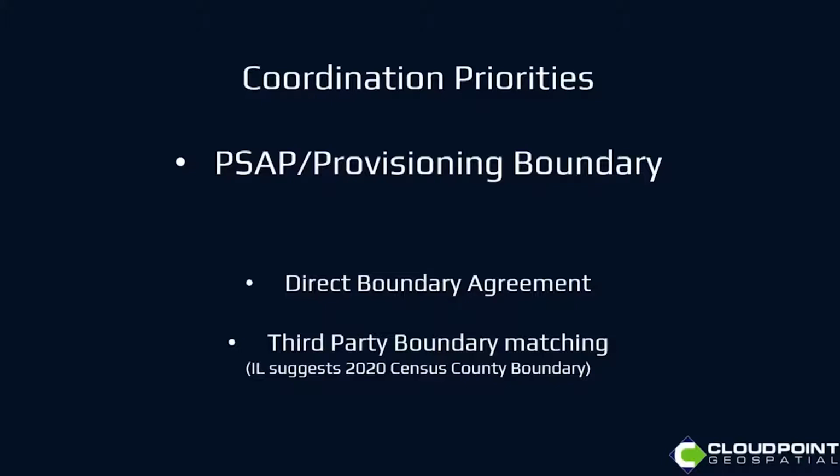And if you have some issues on where that boundary should meet, perhaps a third-party boundary could be used to provide a line of demarcation for both PSAPs to kind of agree upon.